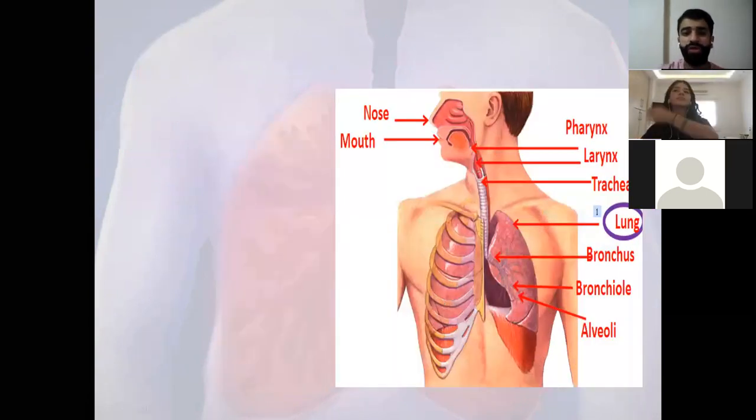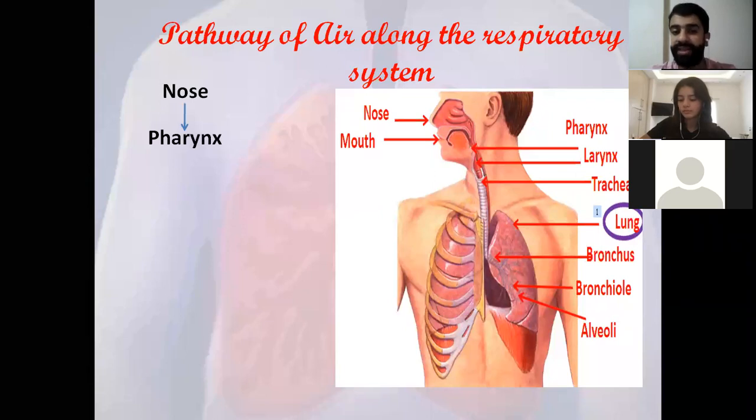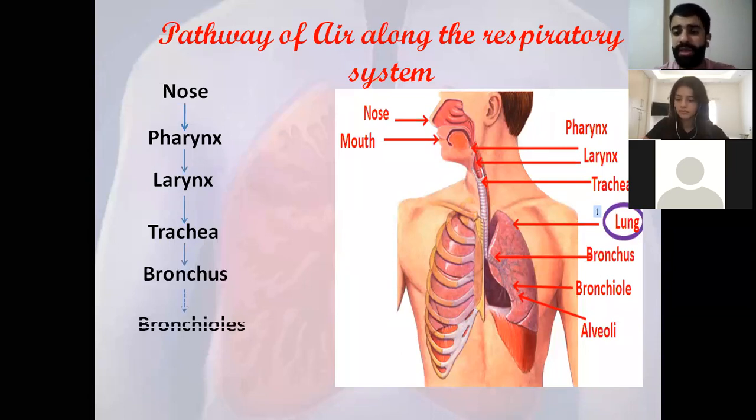So here we're going to trace the pathway of air along the respiratory system. The pathway of air, we start first at the level of the nose. Then we move to the pharynx. You have to study this in order. So nose, pharynx, then the larynx, the trachea, which is the windpipe, the bronchus, the bronchioles, and finally the alveoli.